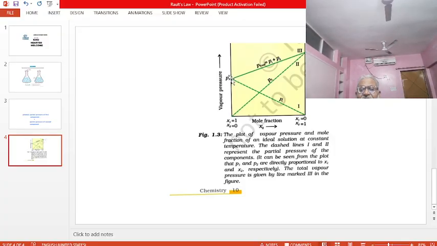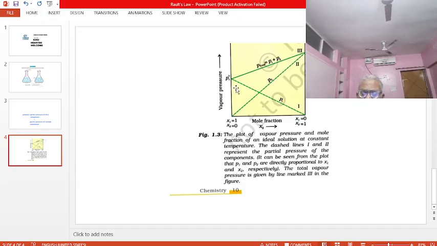Later on we will discuss what an ideal solution is, what a non-ideal solution is, and for a non-ideal solution, how there is a deviation from the original. This is the original, this is for the ideal solution, where the heat of mixing is 0, no heat is evolved or absorbed.